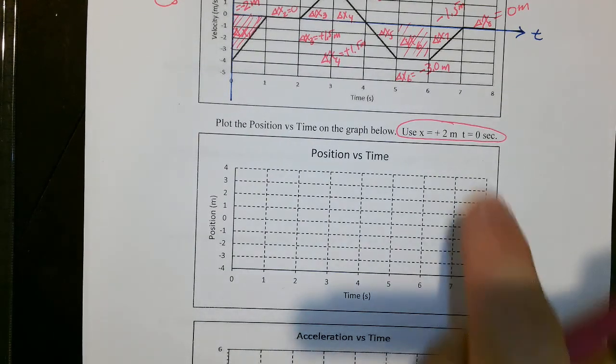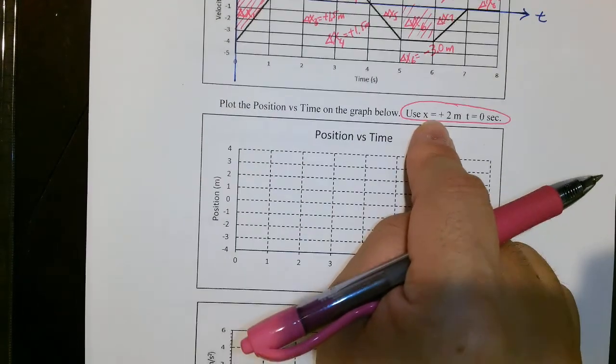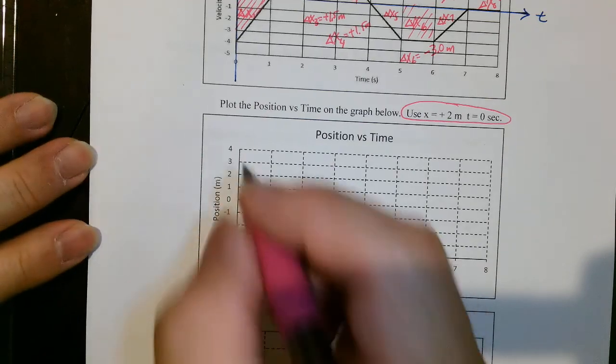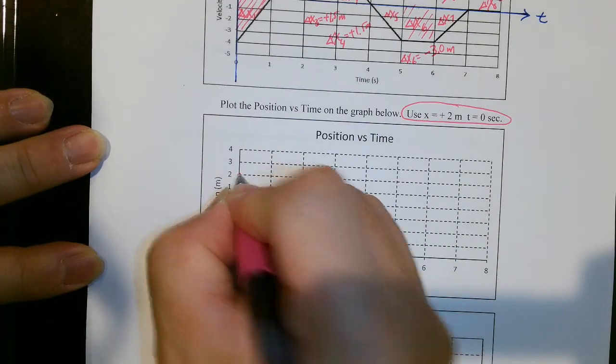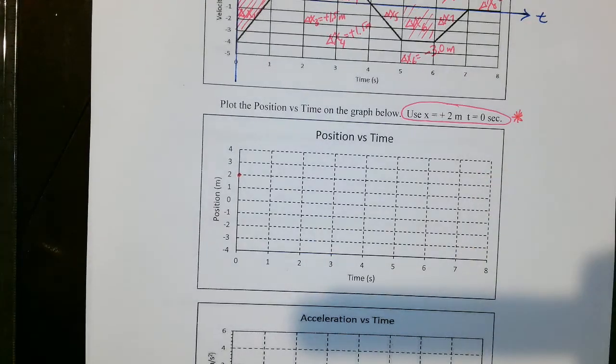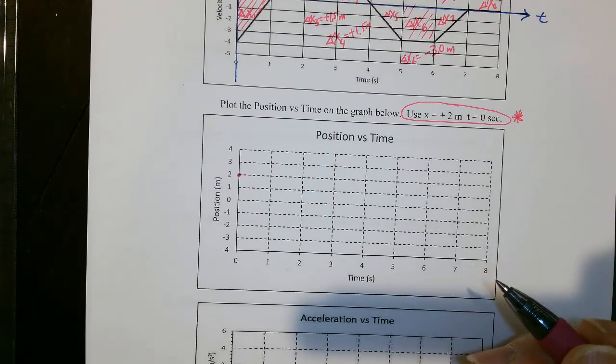But since it's given to us that when t is equal to 0 seconds, it starts at positive 2, okay? We can say at 0 seconds, it starts at positive 2 meters. So this thing's already cheating. It's not starting from the origin. It starts from positive 2. Then it travels 2 meters in the negative x direction.